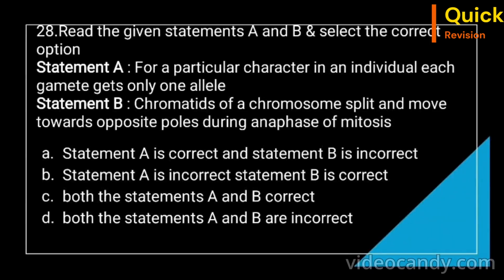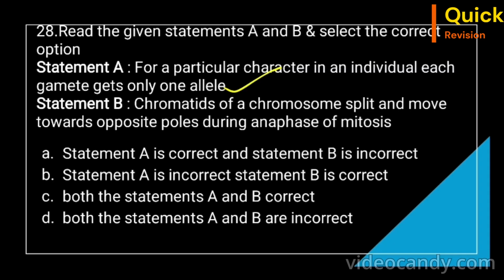28th question. Read the given statements A and B and select the correct option. For a particular character in an individual, each gamete only gets one allele. That's correct, so statement A is correct. Only one allele gets separated into the gametes.